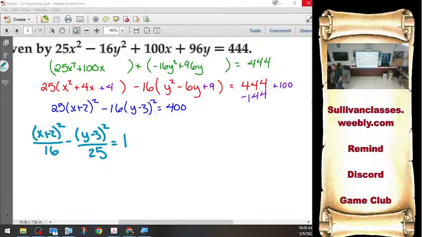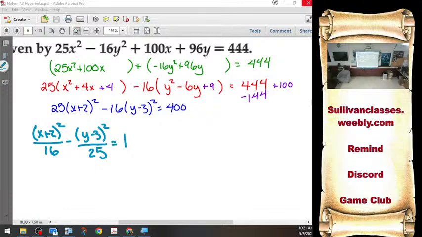So how about just verbally? Where's the center? Is this stretched vertically or horizontally? Or open vertically or horizontally? Horizontal. How do I know? X versus Y is positive, all right. How far to my vertices? 4, because I A towards the vertices.